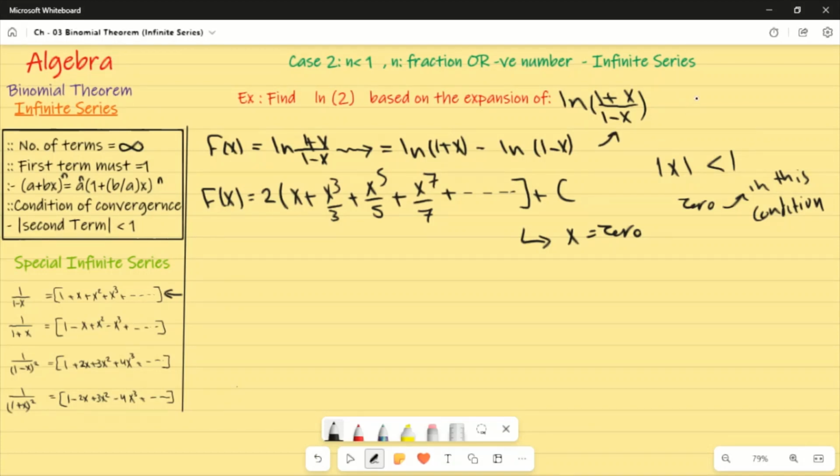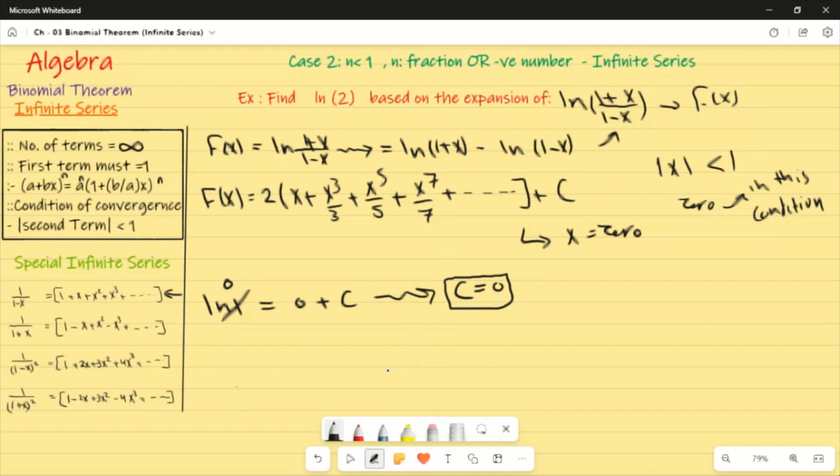Here f of x, if we substitute with 0, we have ln 1 equals 0 plus constant. Here ln 1 equals 0, so our constant c equals 0. So the constant of integration equals 0.